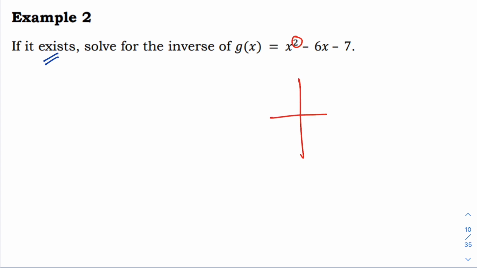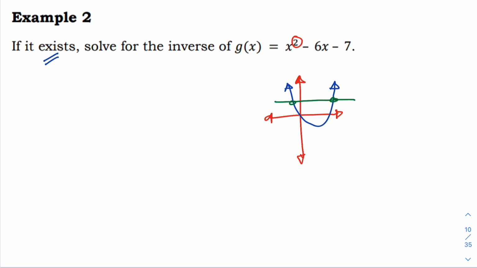So, alam naman natin, sa Cartesian plane, ang parabola na may opening upward, ganito yung itsura. Tama? Then, pag in-apply natin guys yung ating horizontal line test, so, dalawang beses tatamaan ni horizontal line yung ating given function. So, this means na yung ating given function is not 1-to-1.